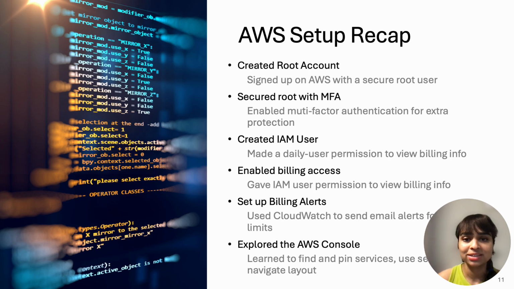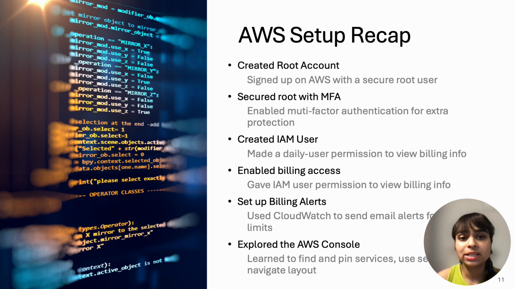That's your root account. Next, we created an IAM user. For me, it was AI BioSpark. That's the account we'll use for daily work. We gave it admin permissions. As I mentioned that I'm going to use it, so I have given admin permission. But remember, IAM is flexible, so you can always assign limited access to team members later.